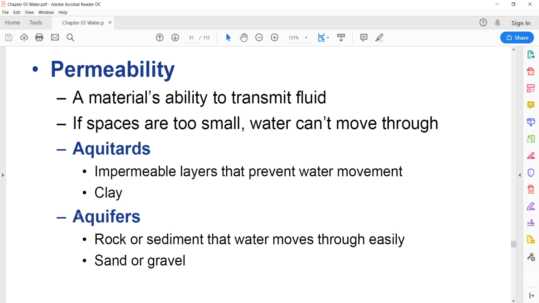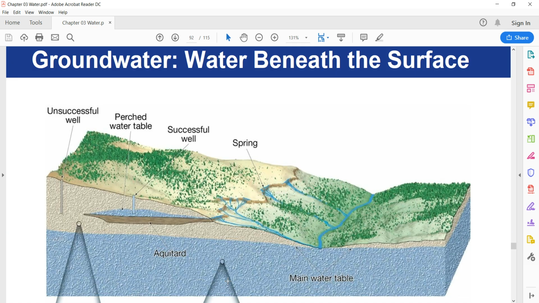And then the exact opposite is an impermeable layer, a type of rock that does not allow the water to move easily across itself. So those types of rocks or soil are called aquitards. Clay is one example of aquitards. Sand or gravel are examples of aquifers.